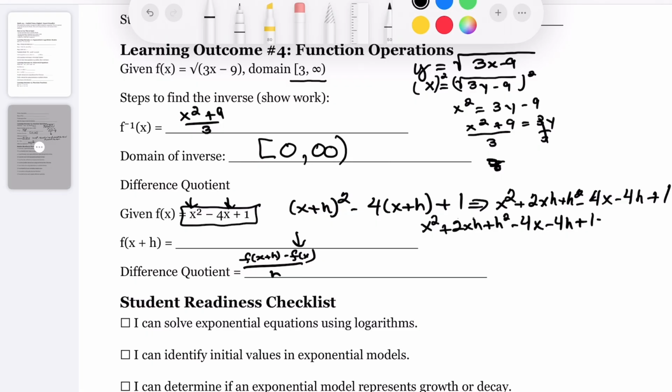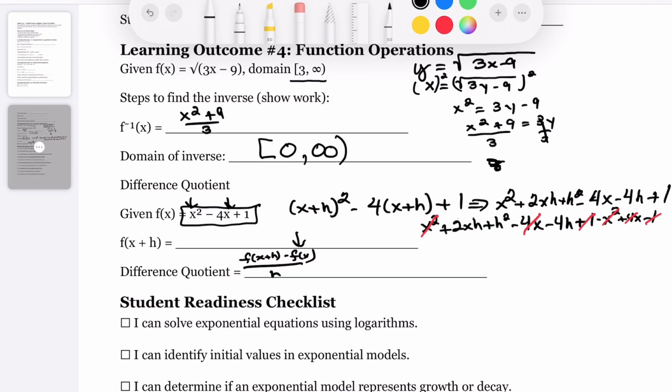I'm just going to change all of the signs already. So minus x squared plus 4x minus 1. Then that cancels with that, that cancels with that, and that cancels with that.